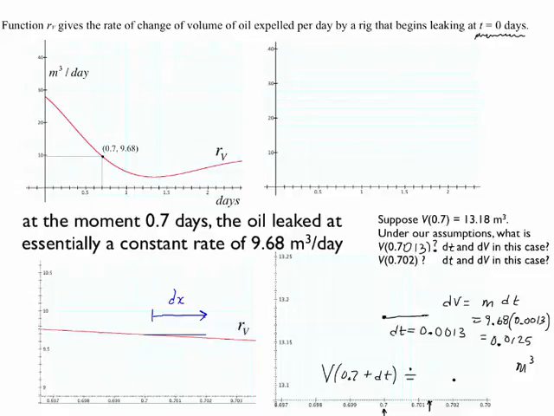So this would be the true volume, but we're using this little constant rate to find a volume that's essentially the same as that, but would be slightly different, okay? So it would be our V of 0.7 plus what? Just in symbols, dV. And that dV we found by m dt.